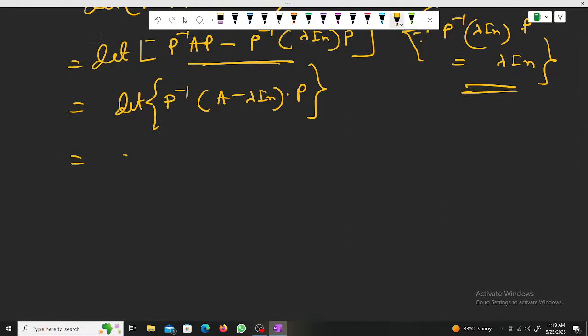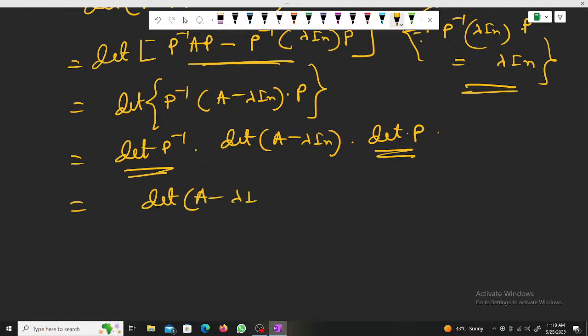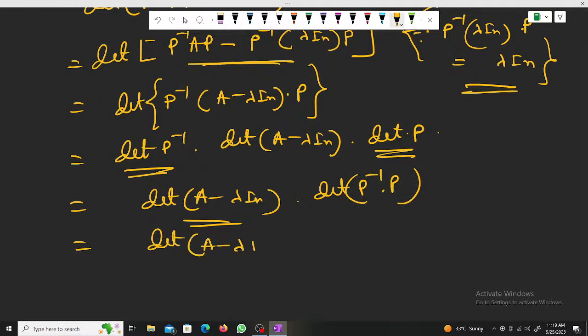Now the property of the determinant, we can write determinant of P inverse into determinant of A minus lambda I n into determinant of P. Now we know this, and this can be written as determinant of P inverse into P, det of A minus lambda I n into det of I n.